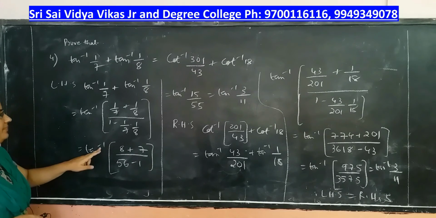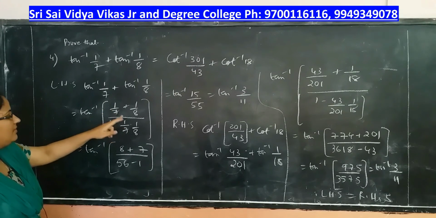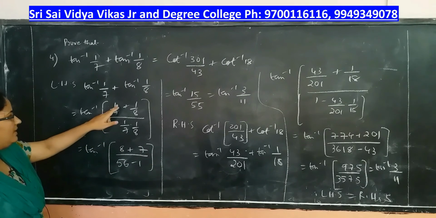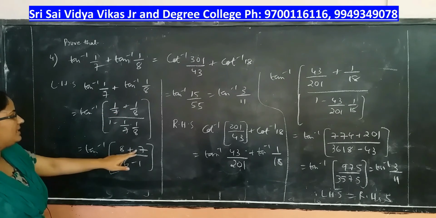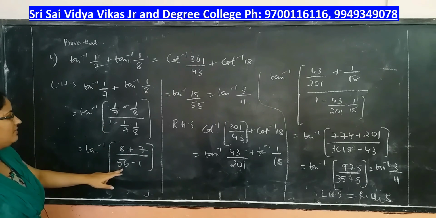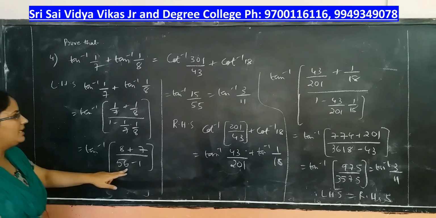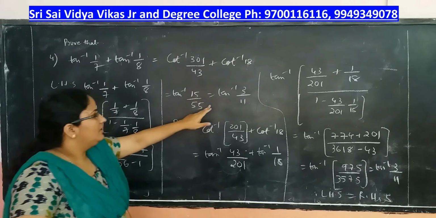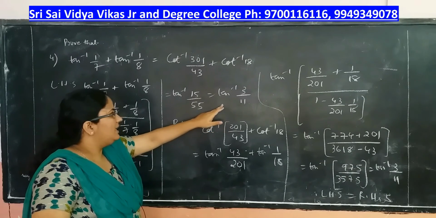That will be (8 plus 7) by 56, over 56 minus 1. So that is equal to tan inverse 15 by 55, which is equal to tan inverse 3 by 11.